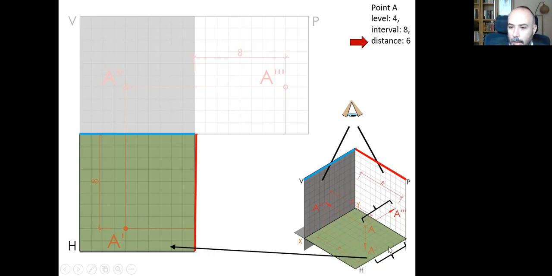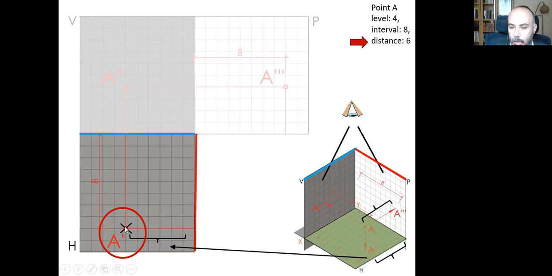So I need to carry this length over to my drawing. I need to count 6 squares starting from this image of the profile projection plane towards the left. I need to count them, and at the intersection of interval 8 squares and distance 6 squares, I can locate the exact position of A prime. This is where A prime is located.